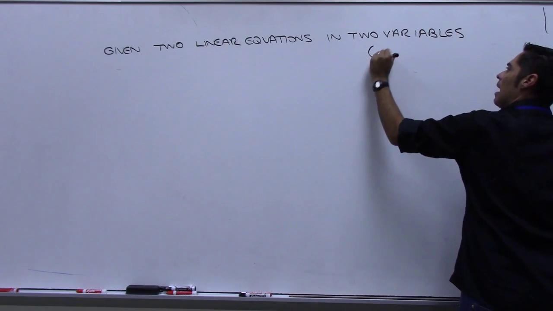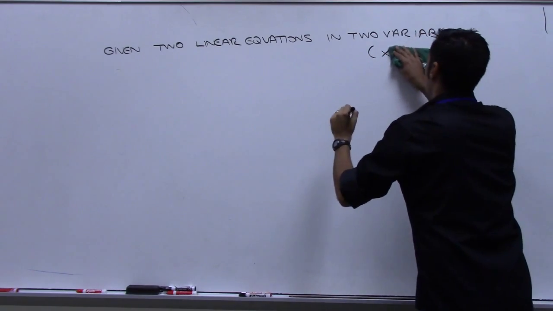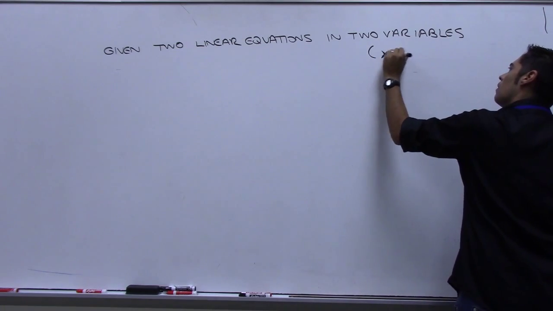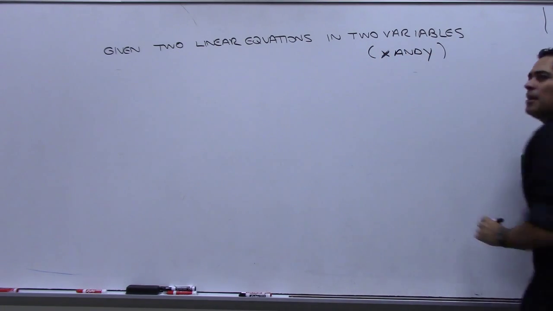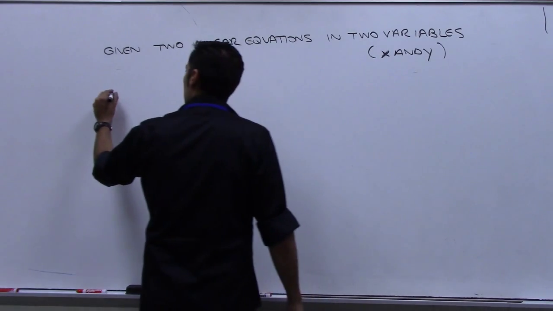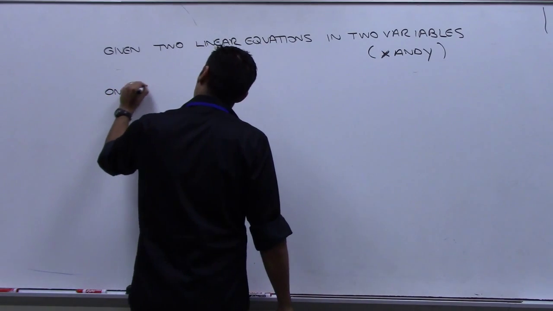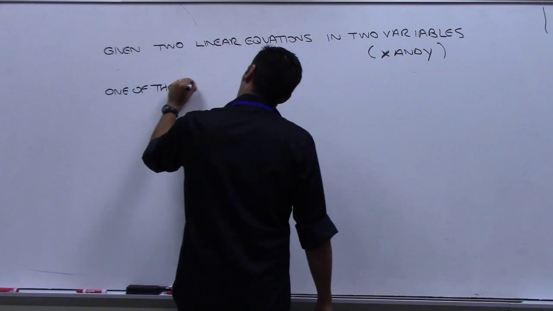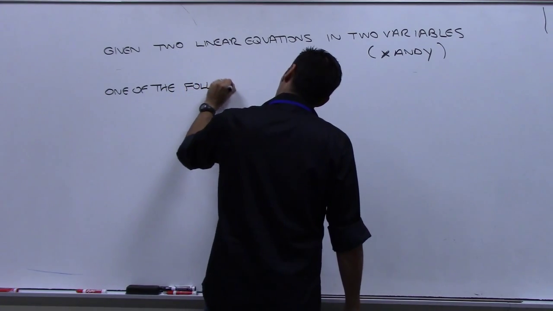So this could be like x and y, could be r and s, could be s and t, could be v and w, doesn't matter. But if we're given two linear equations in two variables, one of the following is true.